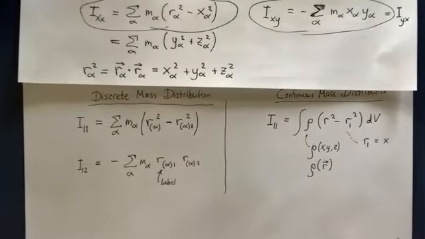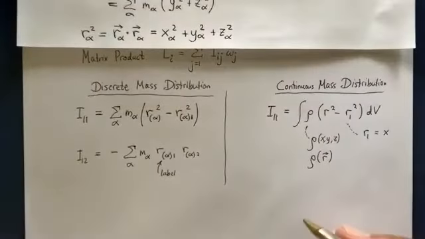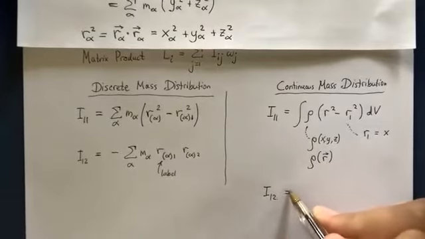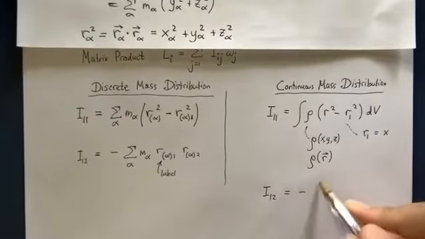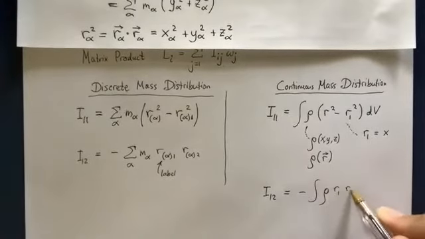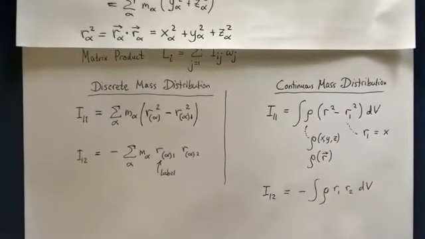Okay. And then over here, the news just keeps getting better if you have a continuous mass distribution. So the I12, for example, we're going to integrate, yeah, obviously a very nice simple formula.